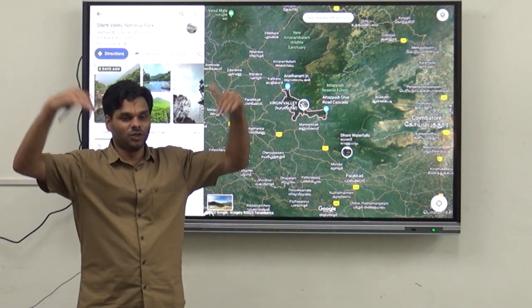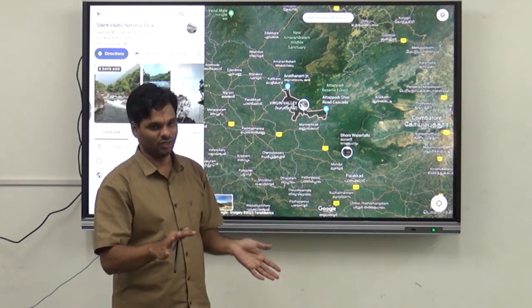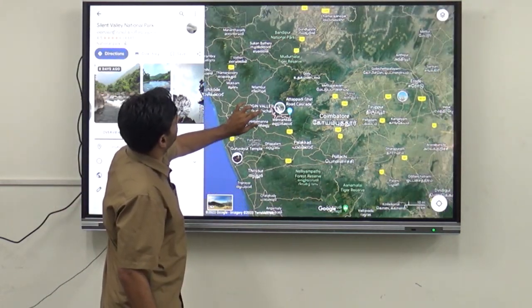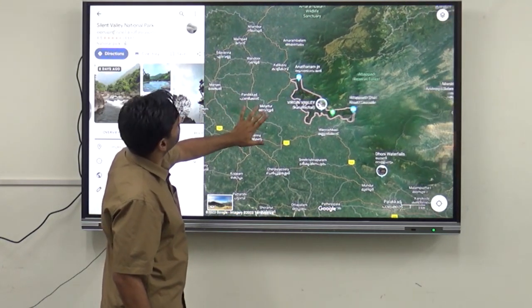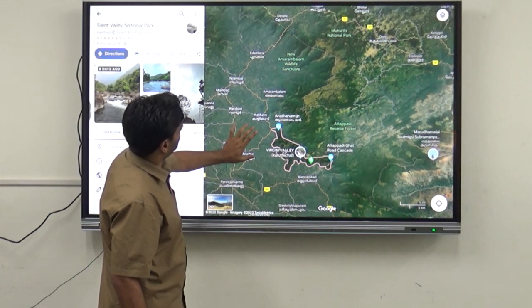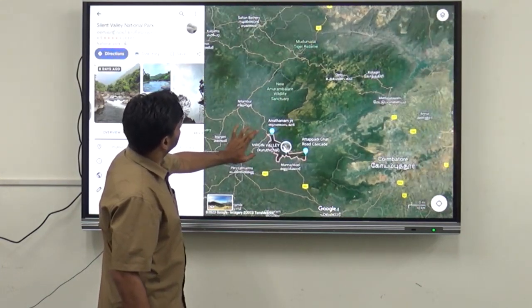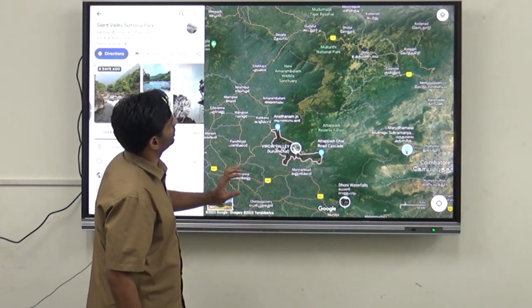If there are two hills like this, the in between V shape is the valley. You understood? So this is in a valley. Again, very biodiverse region, and completely within the state of Kerala.